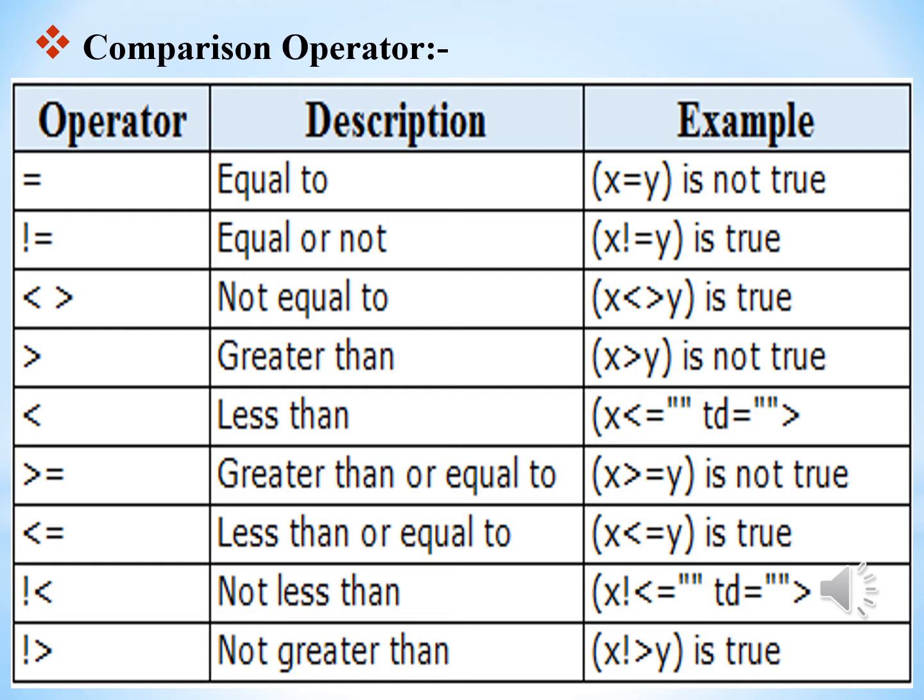Then the not equal to sign, equal or not. So x not equal to y is true, because x is equal to 10 and y is equal to 5. Then the greater than or less than signs.